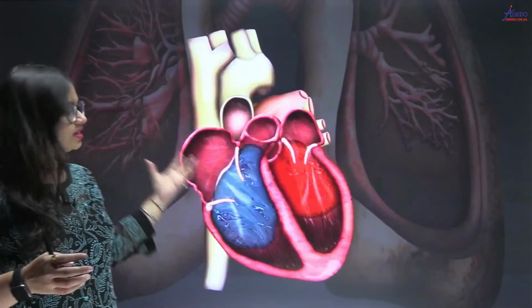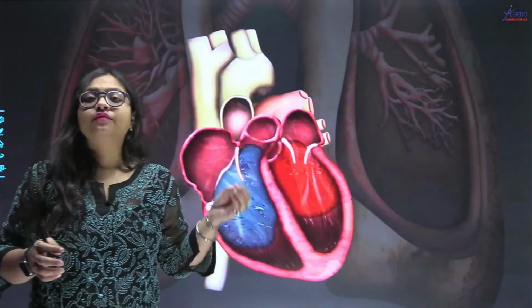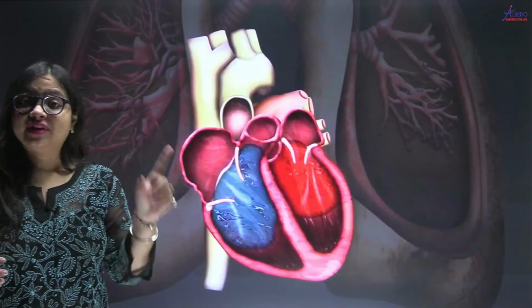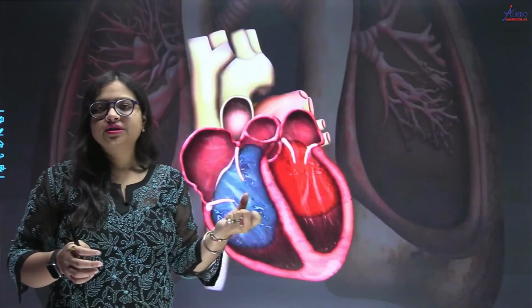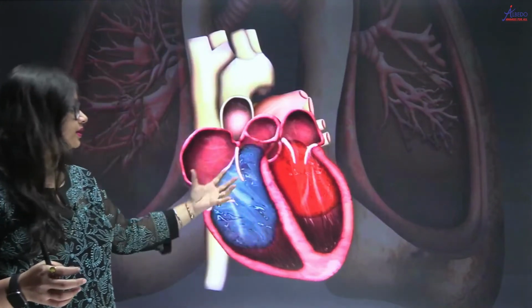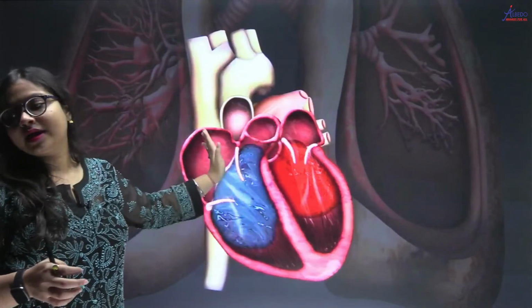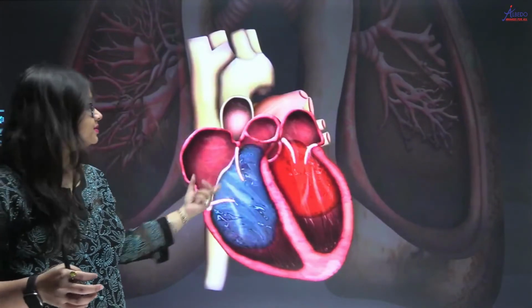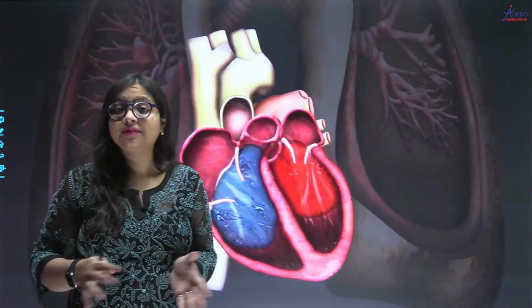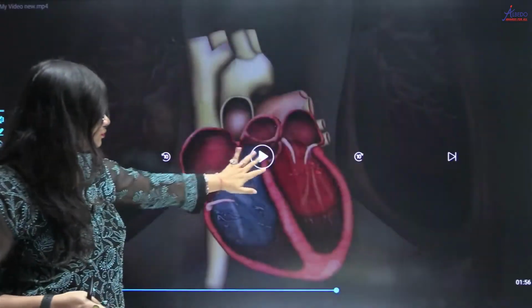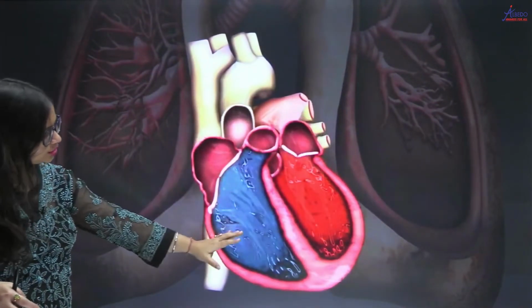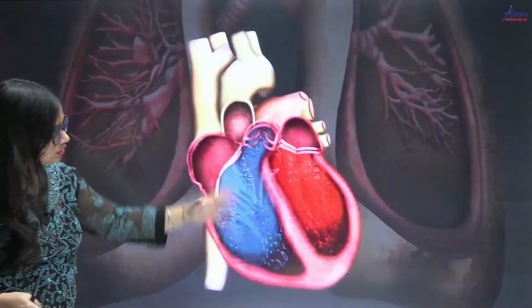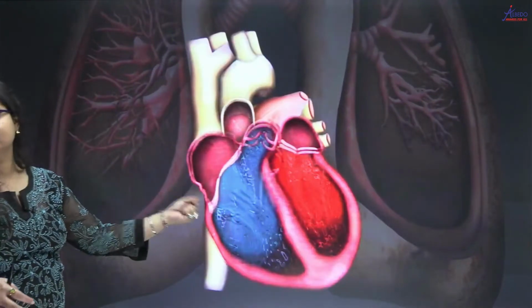Okay, now when atrial systole ends, ventricular systole will start, and the ventricles will start contracting. To prevent blood from going back into the atrium, the tricuspid valve and bicuspid valve will close. See, right? So the atria contracted and all the blood is pushed into the ventricles, and now the ventricles are starting to contract. This is such a beautiful video.